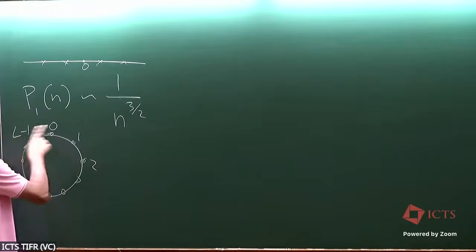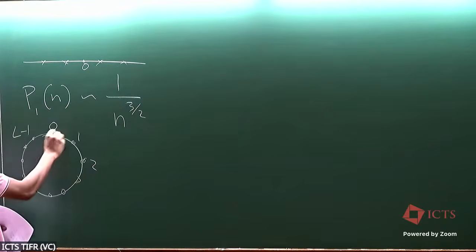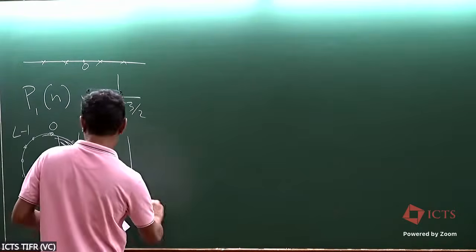Let's say there are L sites on the ring, and you do this random walk on it. You start from the origin, keep walking, eventually come back, and ask for the distribution.